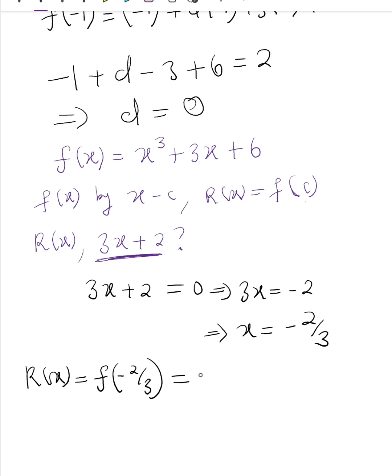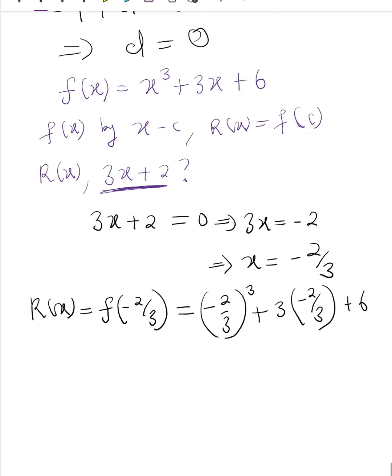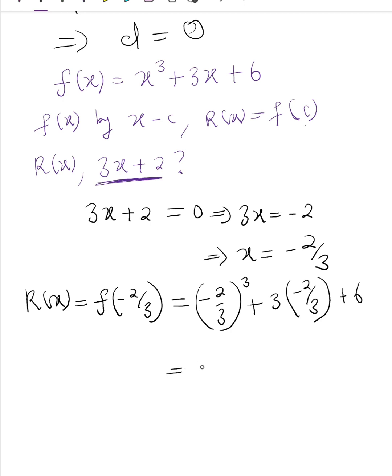So I substitute: this is negative 2 over 3 to the power 3 plus 3 times negative 2 over 3, then plus 6. This is negative 8 over 27, and this is minus 2 plus 6, which is negative 8 over 27 plus 4.